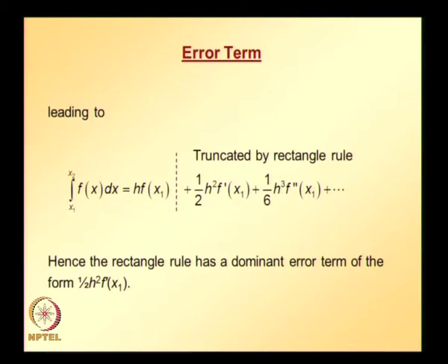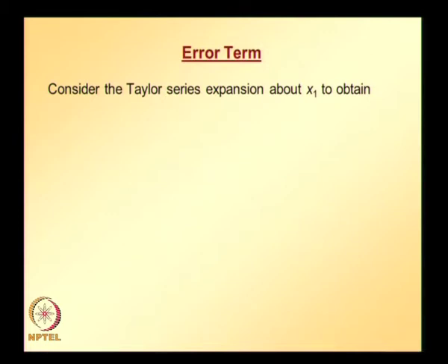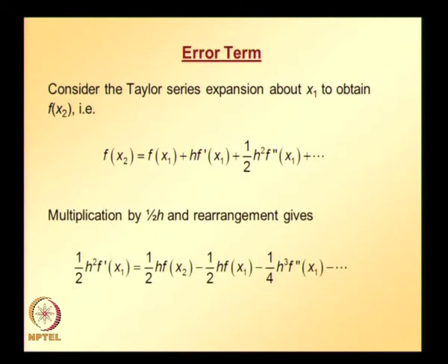Similarly, we can find the error associated with the trapezium rule. Consider Taylor series expansion about x1 to obtain x2. So we get this, and multiplying by h over 2 and rearranging, we get this equation.